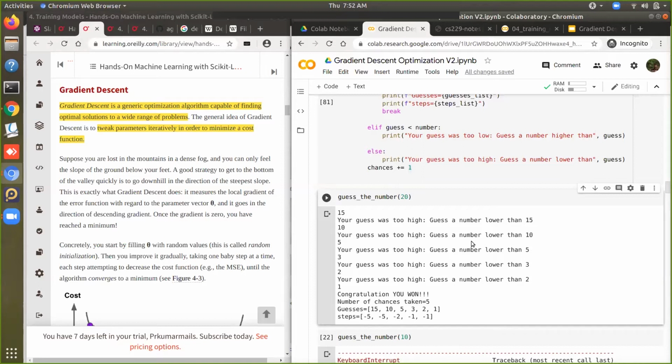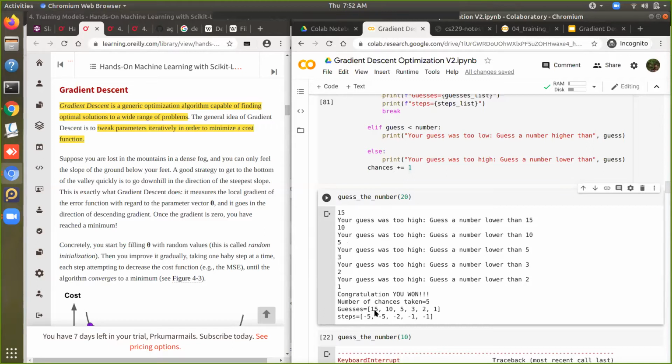After getting the direction, I'm changing the number from 15 to 10, 5. It's up to me, the choice is mine. I'm doing it just on my intuition, no other reasons.